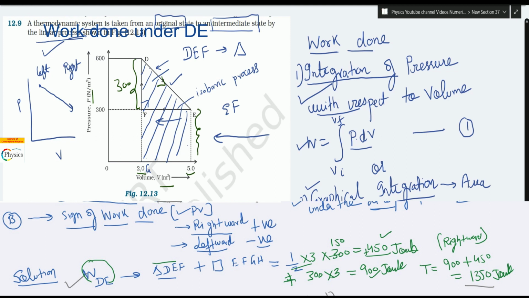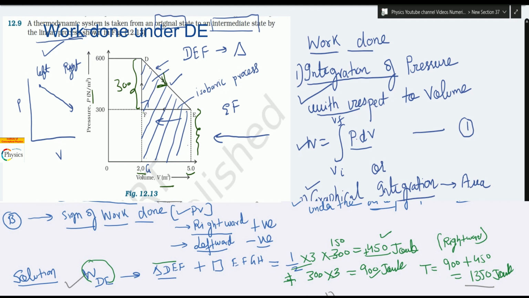So for this rightward moving line DE, the total work done under DE is 900 plus 450, which is equal to 1350 joules.